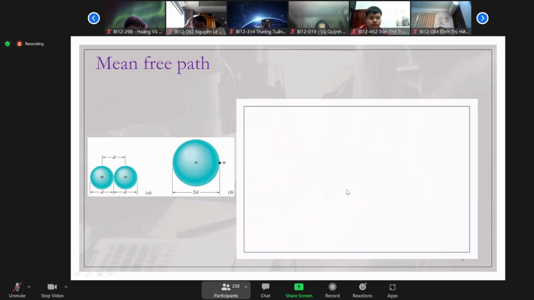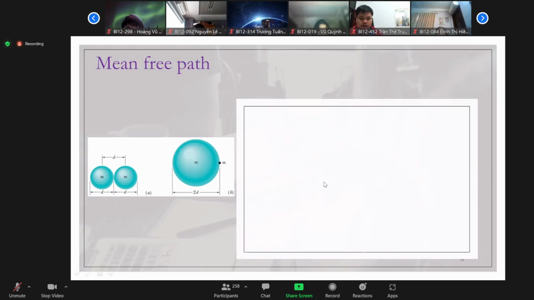How to do so? Now, if we consider that this is the molecule that we want to study, this one moves, and this one will stay. For now, only for now, we consider that this one moves and this one will stay.